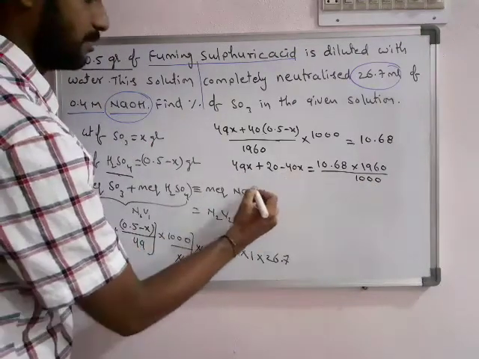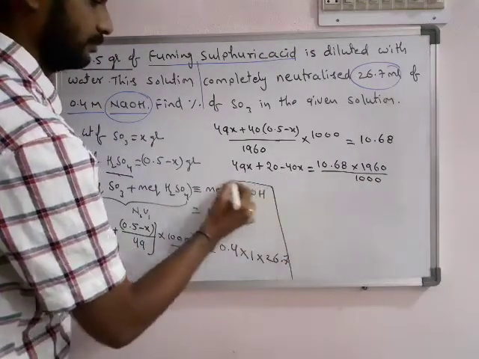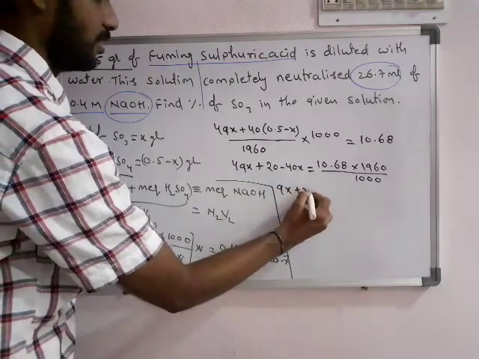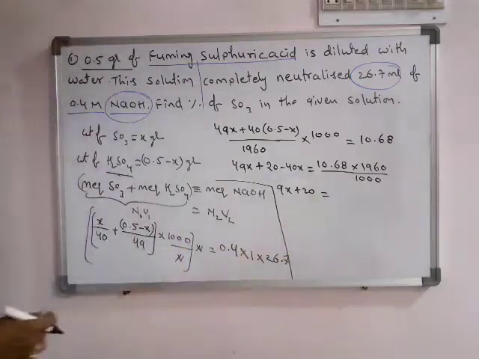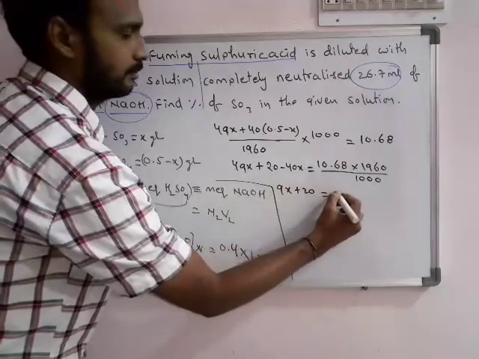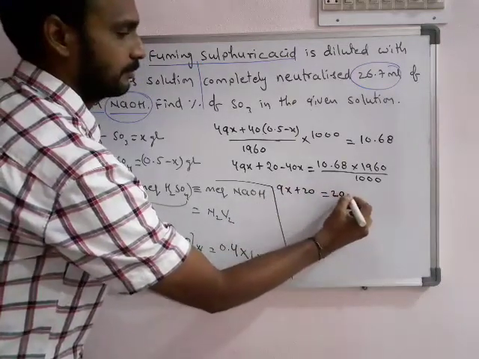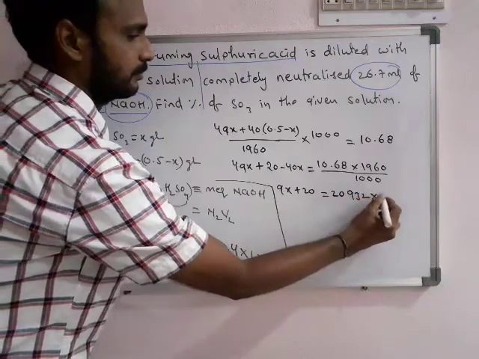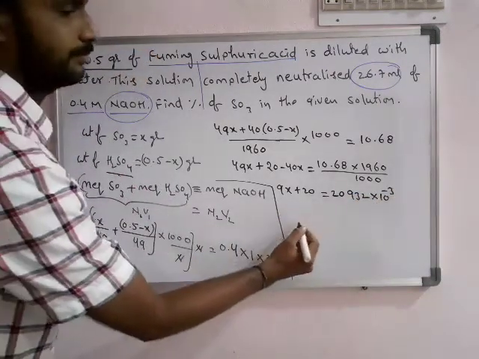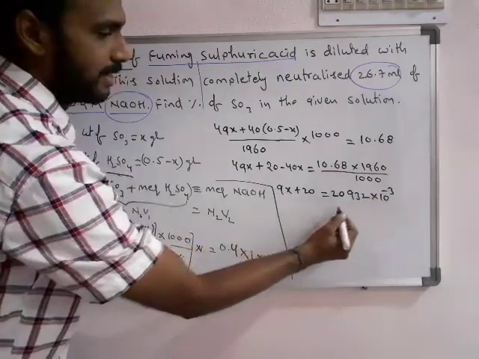49x minus 40x means 9x plus 20, so it will be equal to approximately 25.